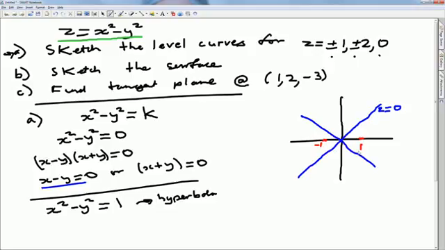Since y is 0, that forces x to be plus or minus 1. Now we know the vertices, and we know the blue line is the asymptote, so we can just connect them up. So that's what it looks like for the z equals 1 case.